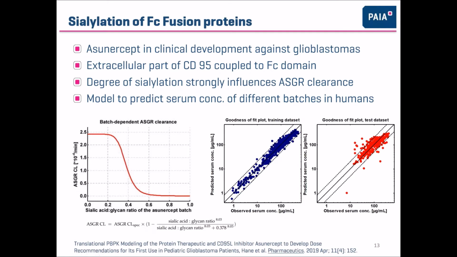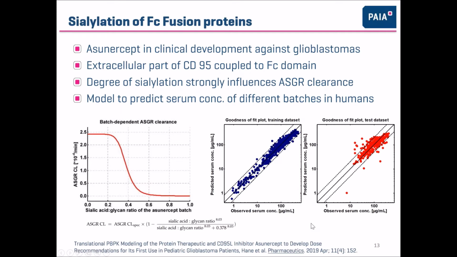And you can use this correlation to build a model to predict the serum concentrations of different batches of this Fc protein. And this here shows you the training data set that was used to generate the model. And here you see the output of the model, where you see here the predicted serum concentration and here the observed.